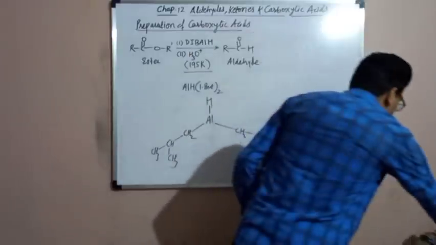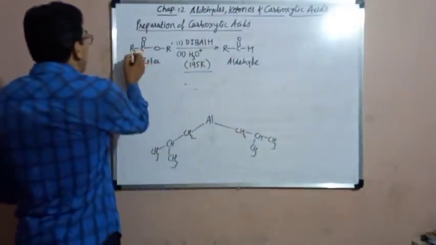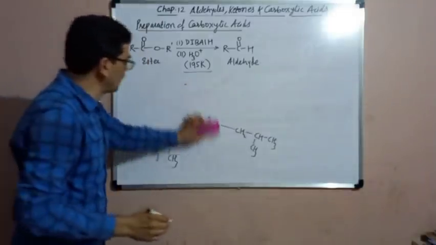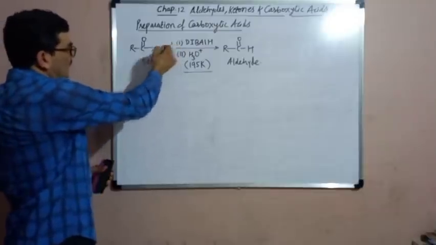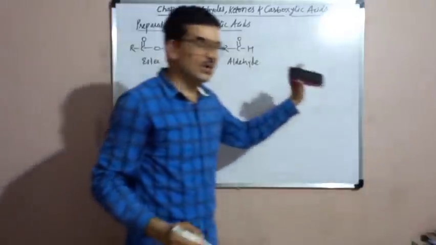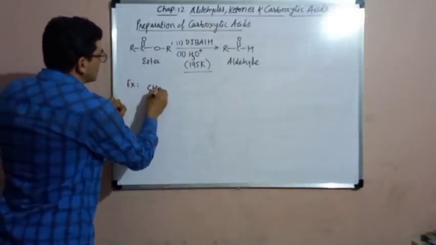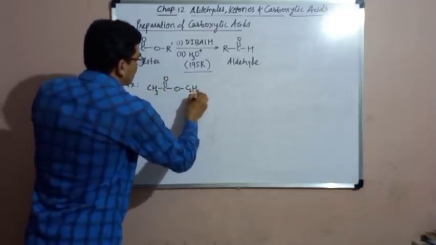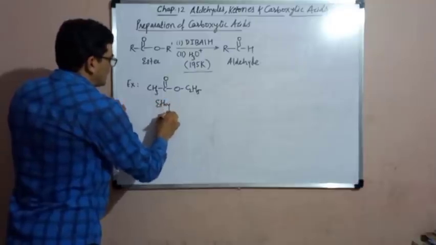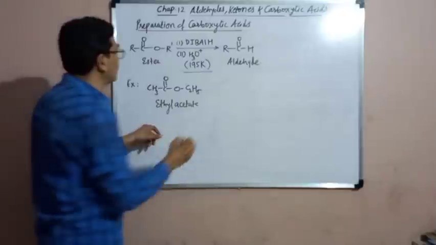So this is a very simple method. Here, this R which is attached to the carbon gets converted to the aldehyde, and the second R dash may get converted to the alcohol. Example, when here we take an ester, ethyl acetate, it is the ester of acetic acid.